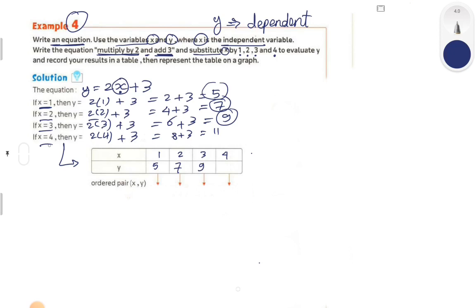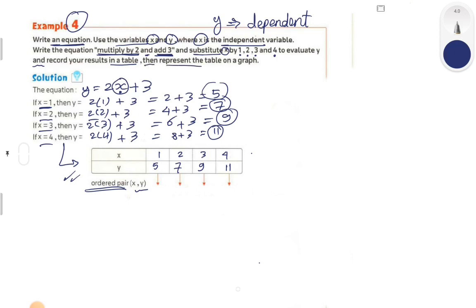And last one, if x equals 4, I find y equals 11. Now I make the ordered pairs x and y. Note with me, after that he said, record your result in a table. Okay, I made the table.